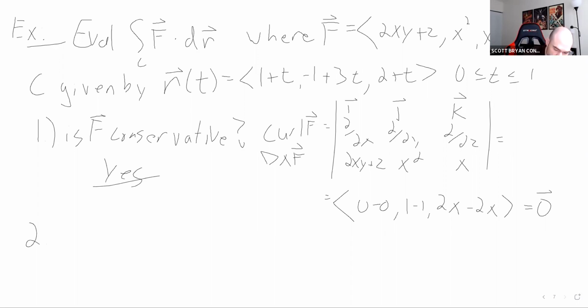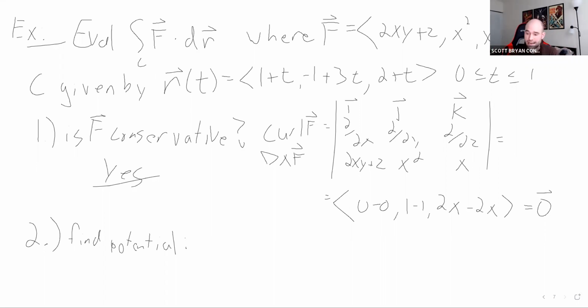Since it's conservative, all we need to do is find a potential function and evaluate at the endpoints. So let's find a potential function really quickly.